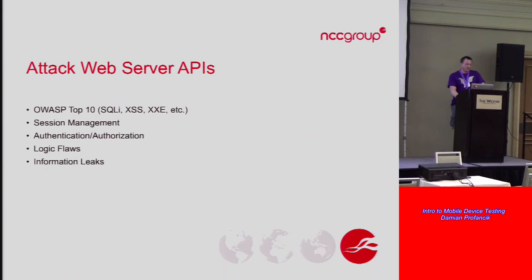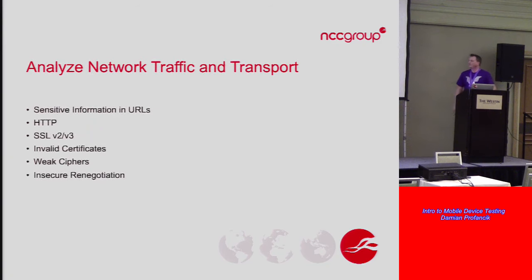Is it doing that the right way? What are the authentication and authorization mechanisms like? And then looking also for logic flaws, just like you would in a web pen test. And then also information leaks, like are there details being submitted in the URL, and that sort of thing. Things being transmitted without SSL over plain text, and that deal.